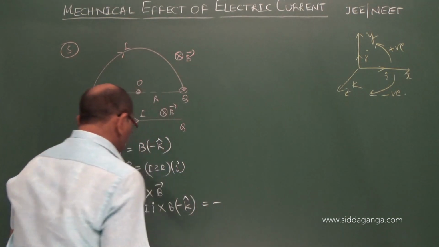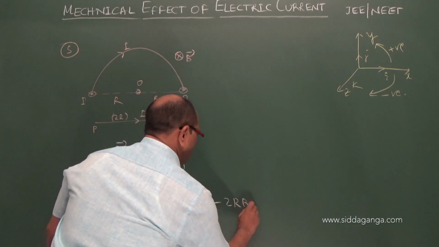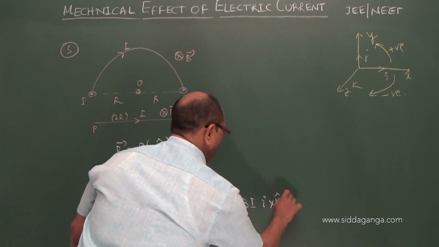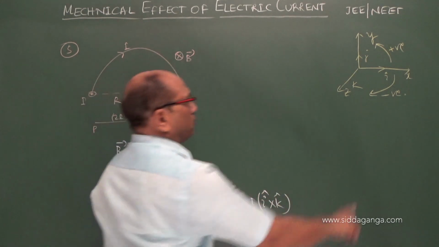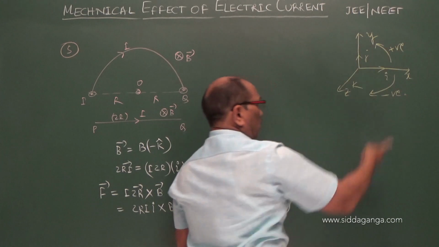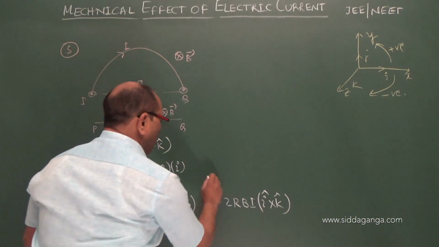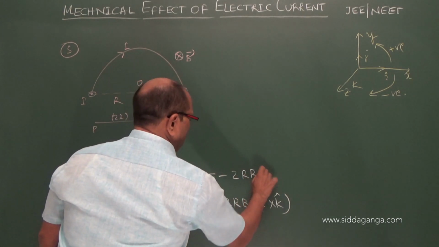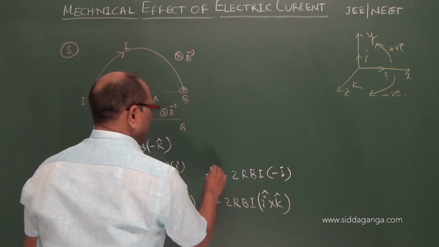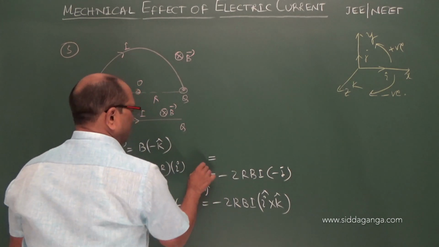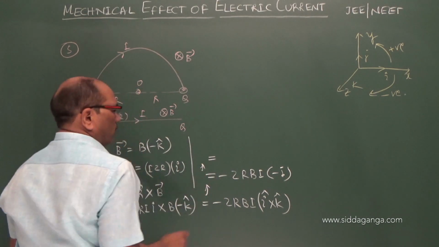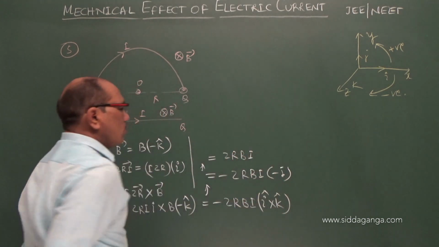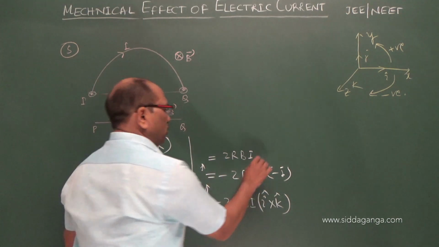So this is minus 2RBI into i cross k. i cross k is negative, minus j. So I can write minus 2RBI into minus j, or this can be written as 2RBI into j.